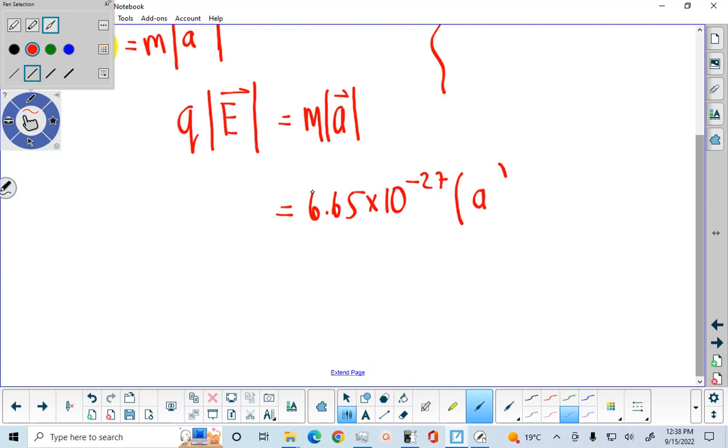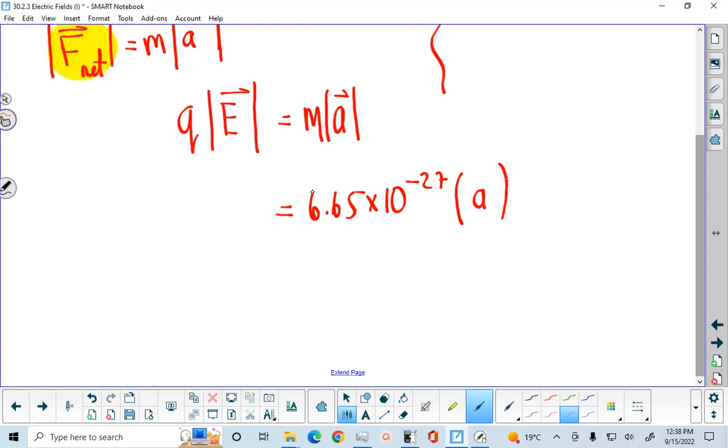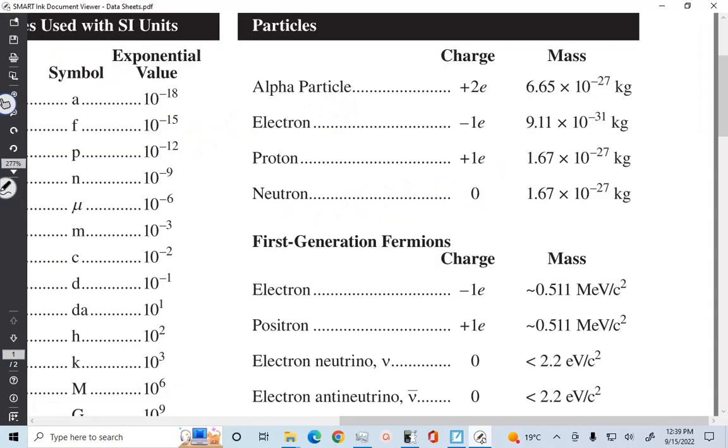Times the acceleration. I'm going to drop the pretense of vectors here. We don't really care about the direction in this question. I do have the electric field, which I'll write down in a second, but I need to put the charge in. Now, when you look at your data sheet, you can see the charge of an alpha particle.